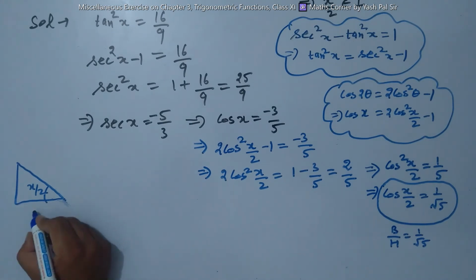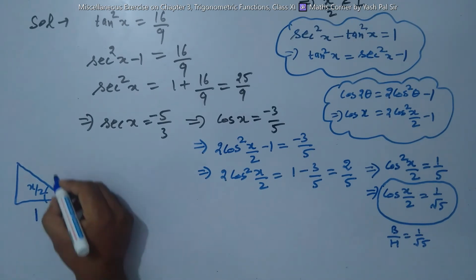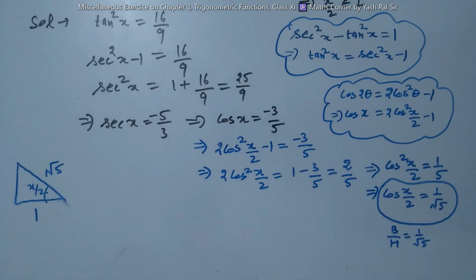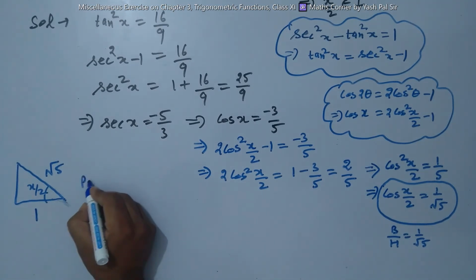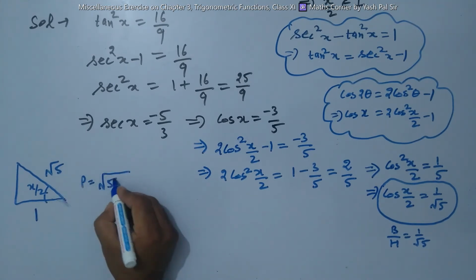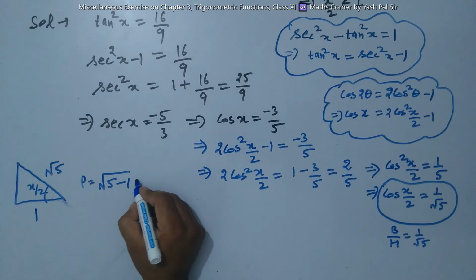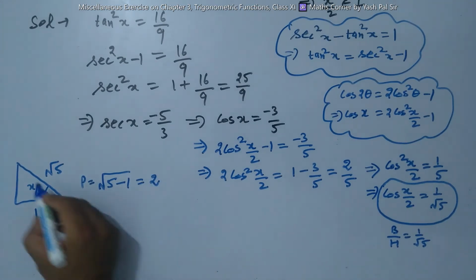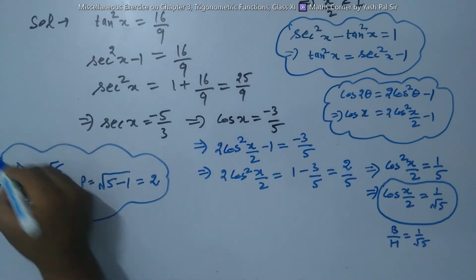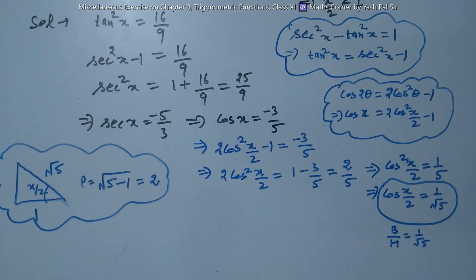That means the base is 1 and the hypotenuse is square root 5. So what is p here now? p becomes square root of hypotenuse square minus base square, which is square root of 4. This is 2.